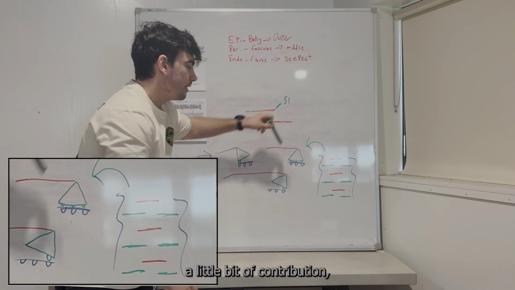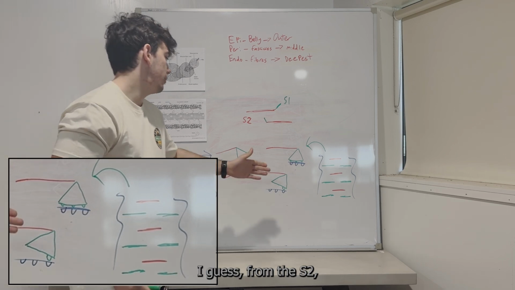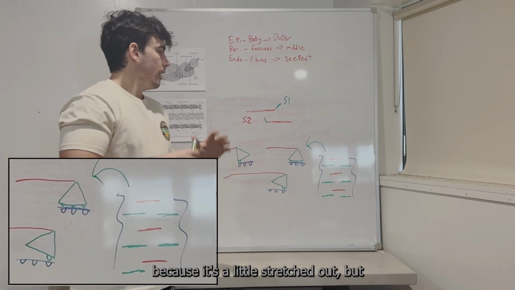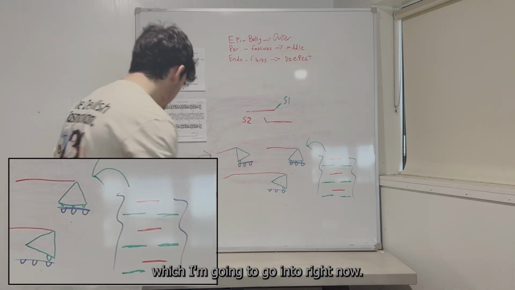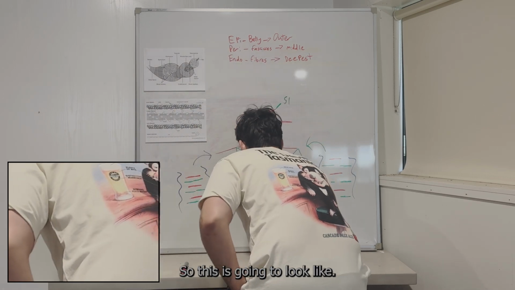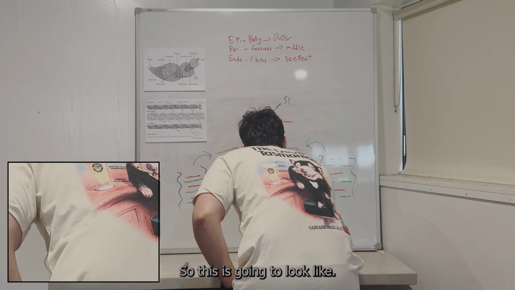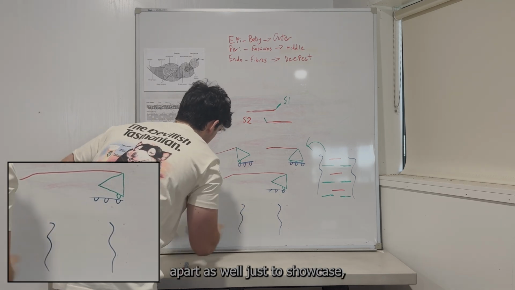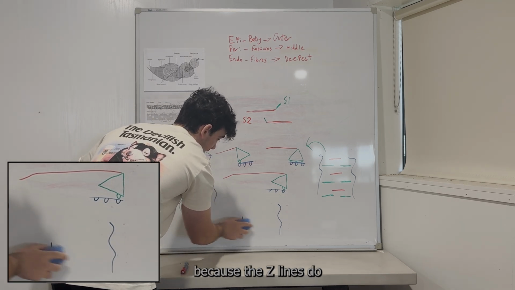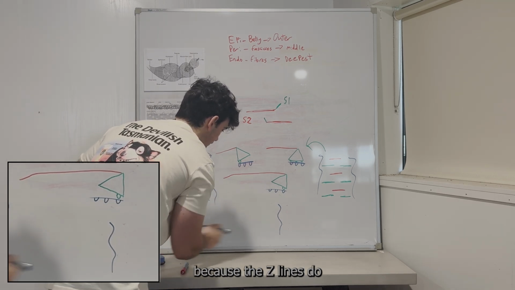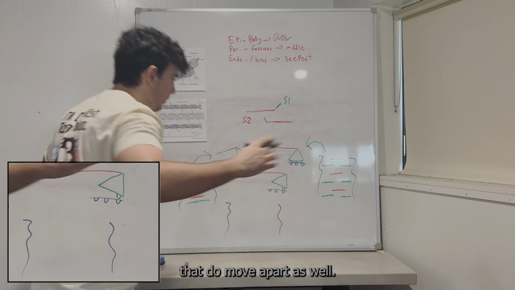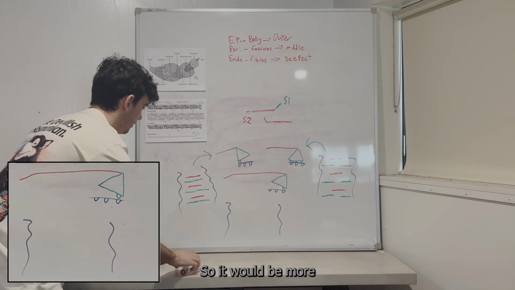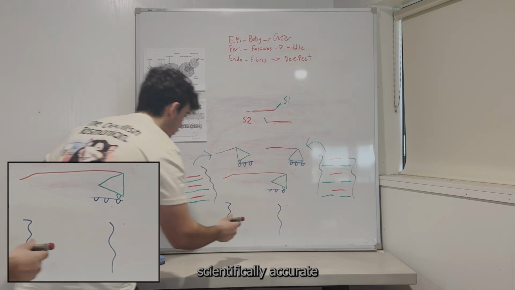There's going to be a little bit of contribution from the S2 because it's a little stretched out, but not as much as this one here, which I'm going to go into right now. I'm going to draw it further apart as well, because the Z lines do move apart. It would be more scientifically accurate if I did it this way.